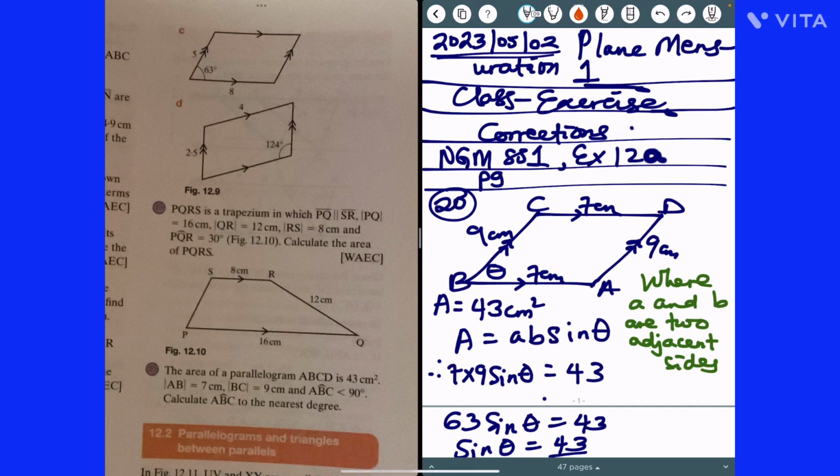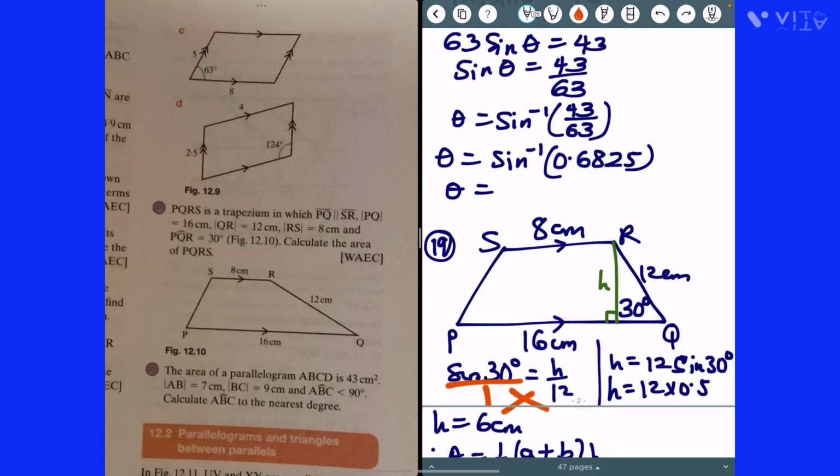Then sine theta will be 43 over 63. Then find arc sine to get your answer in degrees. So use your arc sine table to do that. There will be an exercise for these remaining examples I've just explained in the next video, inshallah.